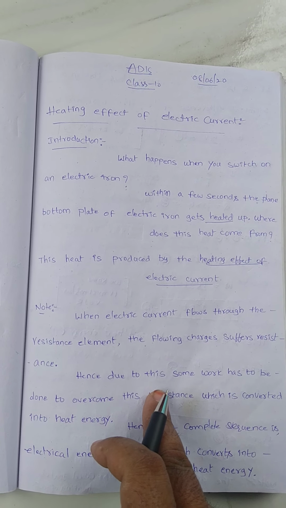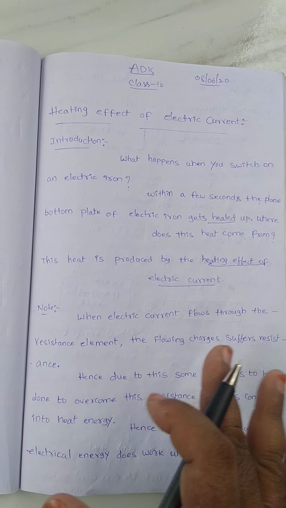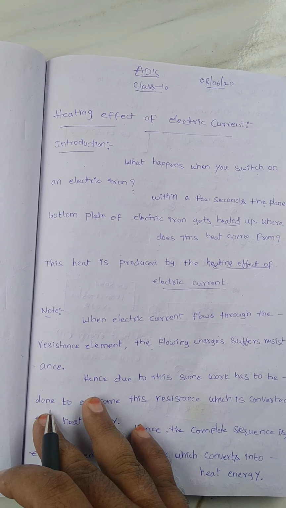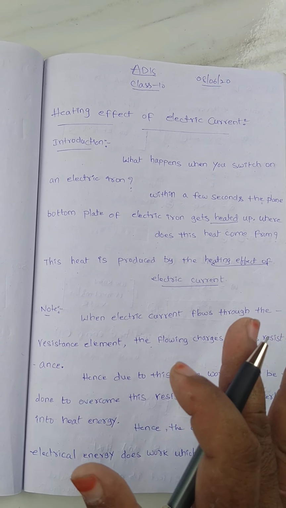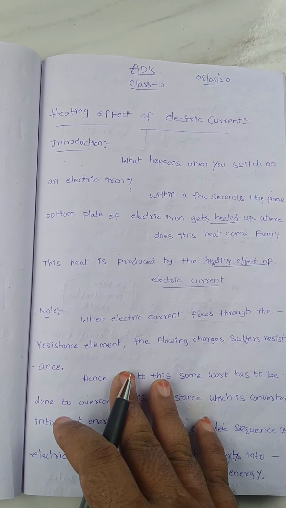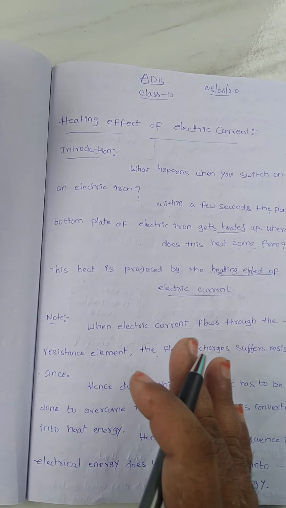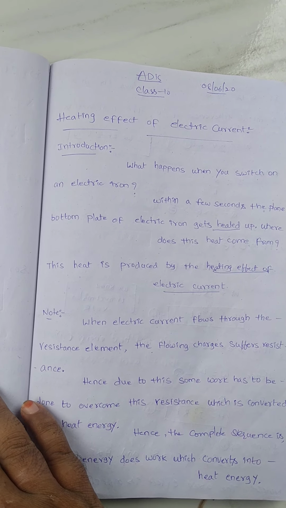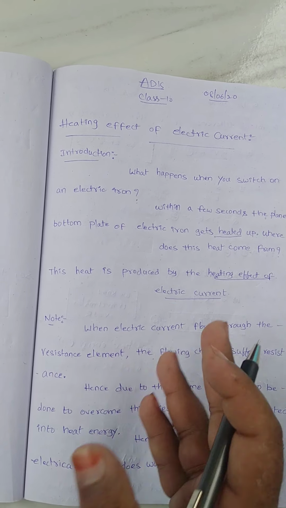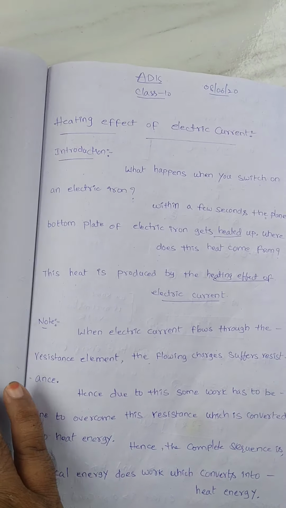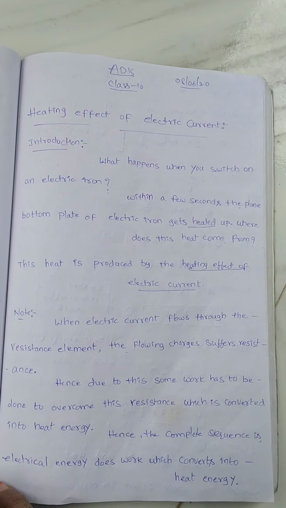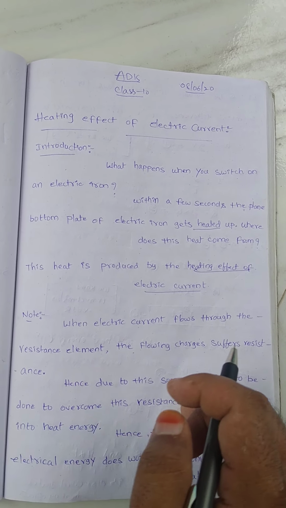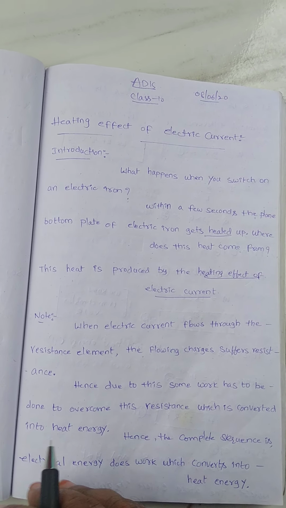Hence some work has to be done. Why? Because the resistance opposes the flow of charges, so some force is applied over a distance. Further, some work has to be done to overcome this resistance, which is converted into heat energy, right?